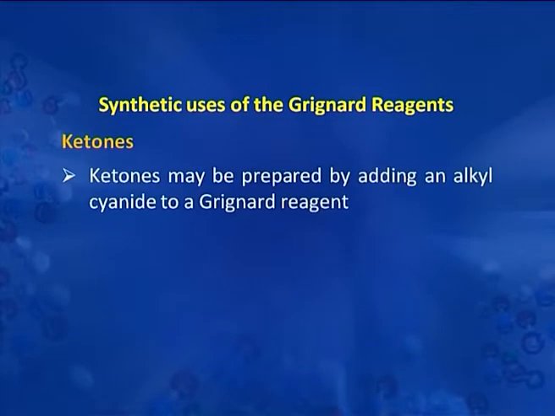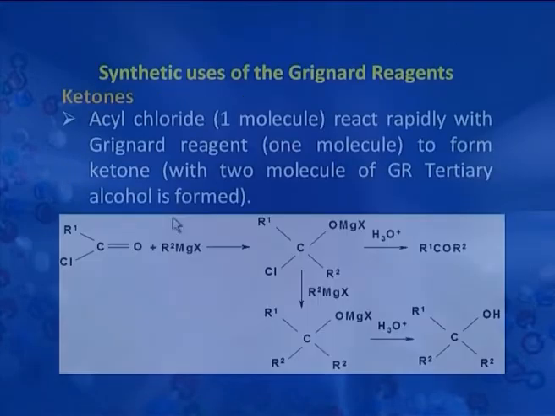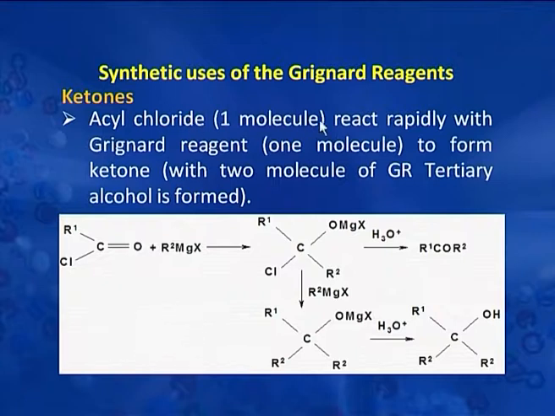Ketone may be prepared by adding an alkyl cyanide to the Grignard reagent. Acyl chloride reacts rapidly with Grignard reagent to form ketone. In this reaction we have to use one molecule of acyl chloride with one molecule of Grignard reagent.